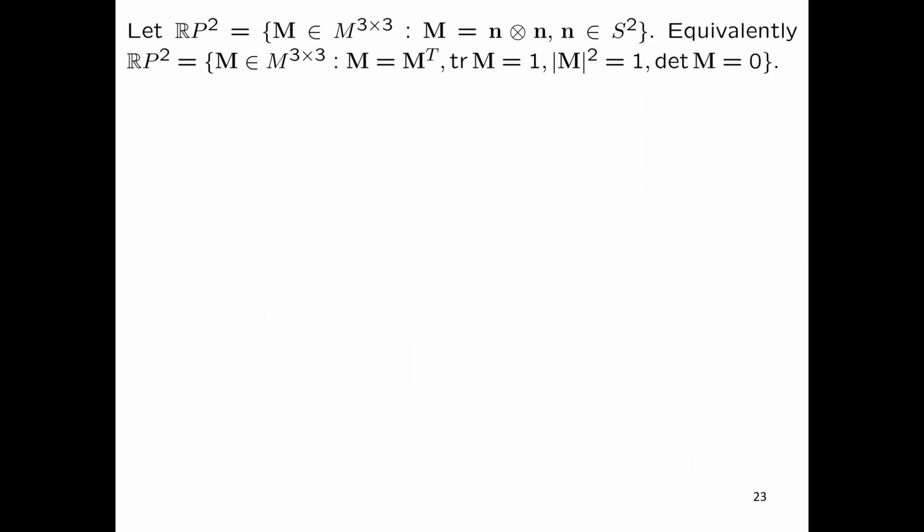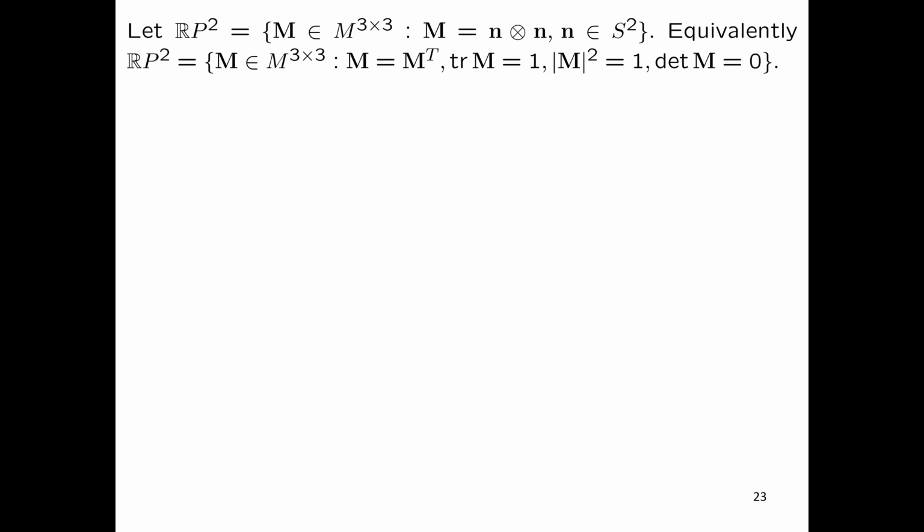Now, if you let RP2 be the set of M, 3 by 3 matrices, which are of this form, n tensor n with n a unit vector, you can write it equivalently as the set of M which are symmetric, whose trace is 1, such that the norm squared of M is 1 and the determinant of M is 0.